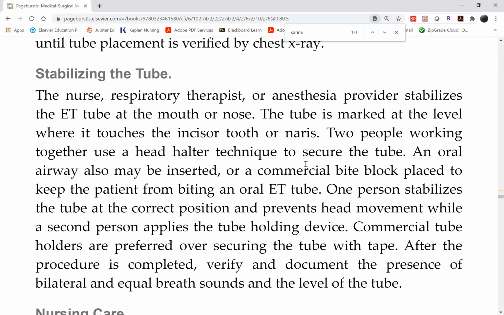It's commercially available and easy to put on. Just wrap it around the patient's mouth and at the back of the head, and a caveman can do it, right? It tells you exactly how to put it on.